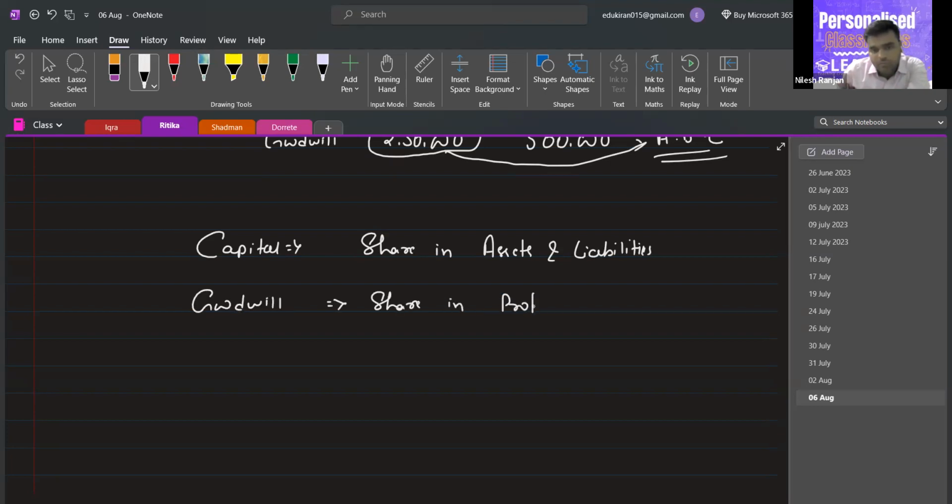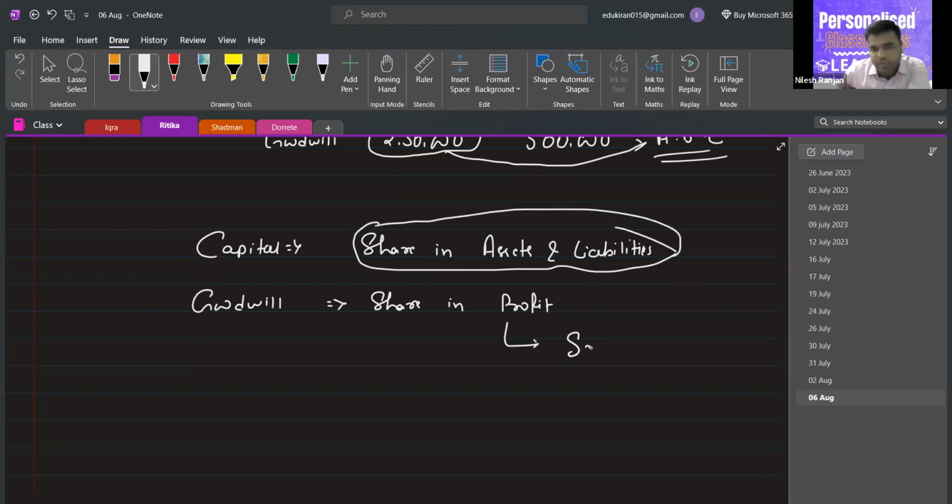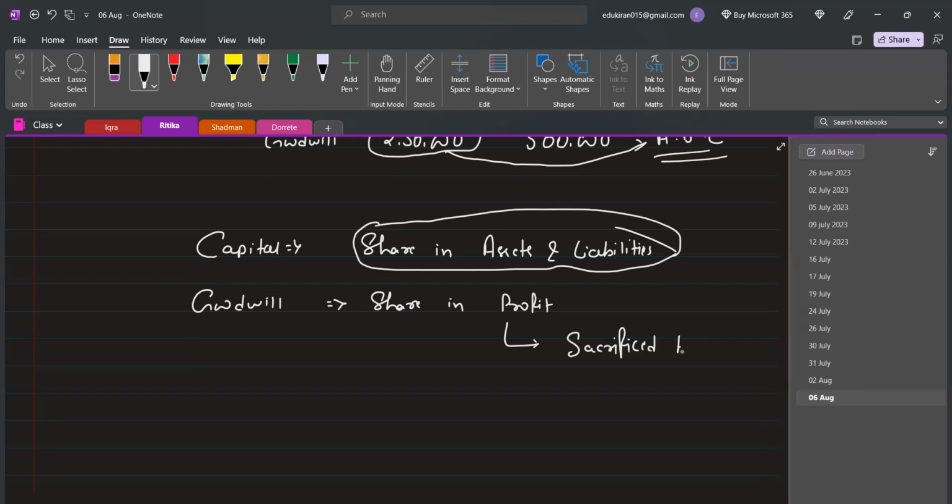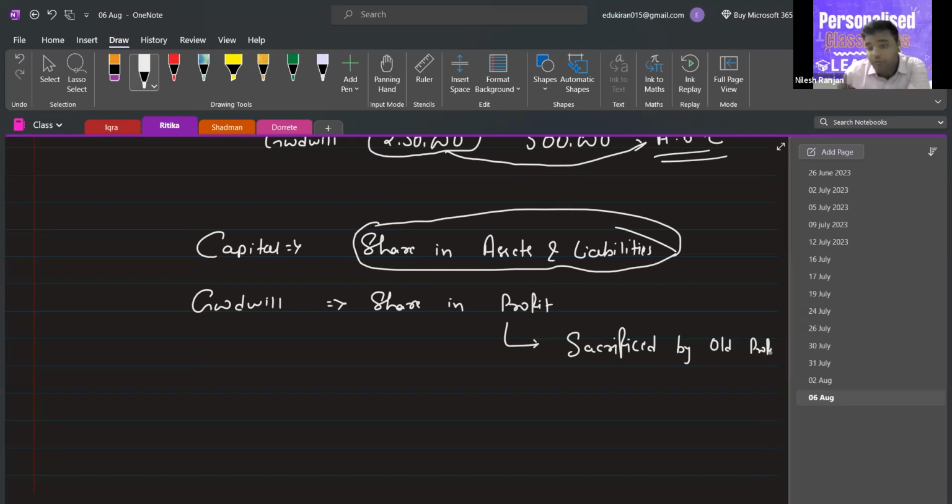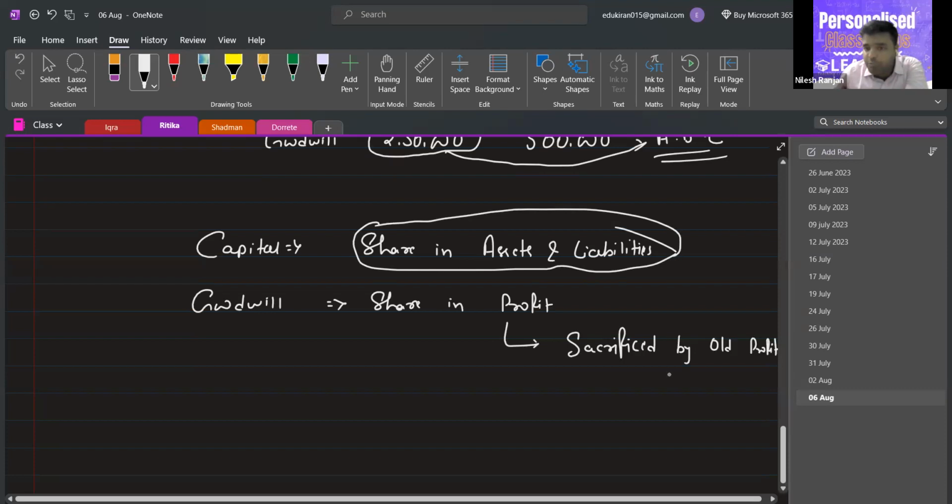Share in assets and liabilities he receives by only joining the firm, but the share in profit will be sacrificed by the old partners. Because they have to decrease their profit share to give it to the new partner.